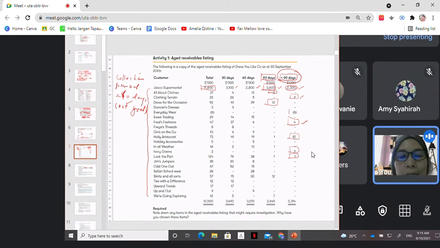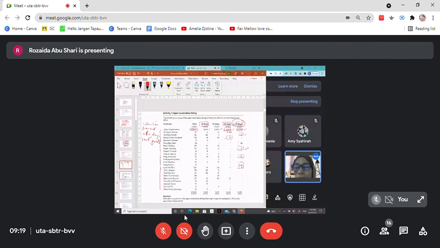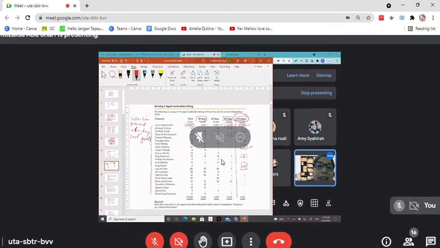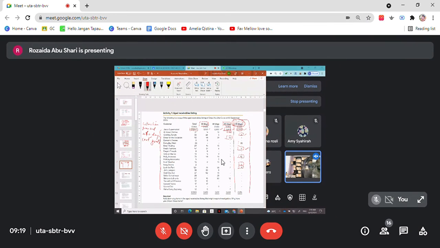Why is the company not able to settle their debt within the credit terms given? Do you understand? Understand or not? You tengok kat sini je. Boleh tak? Kita fokus area kat sini sebab this is the area that will give the potential of material misstatement to the account receivable.